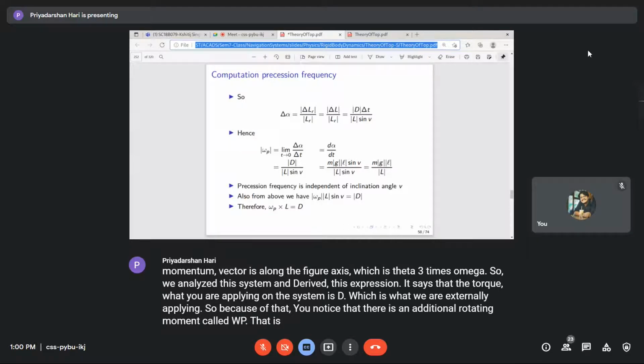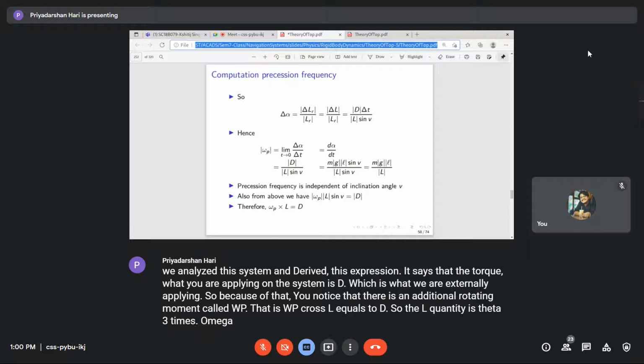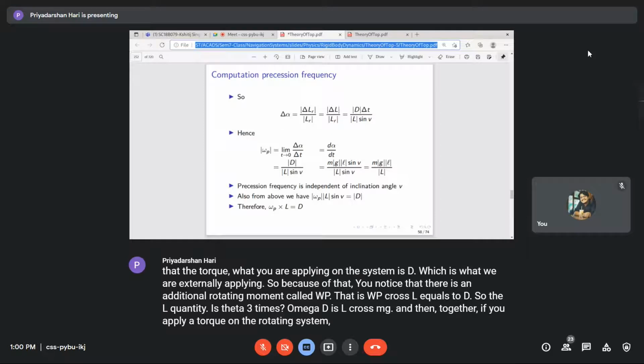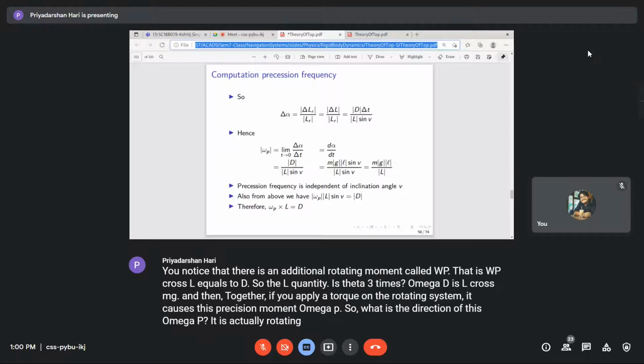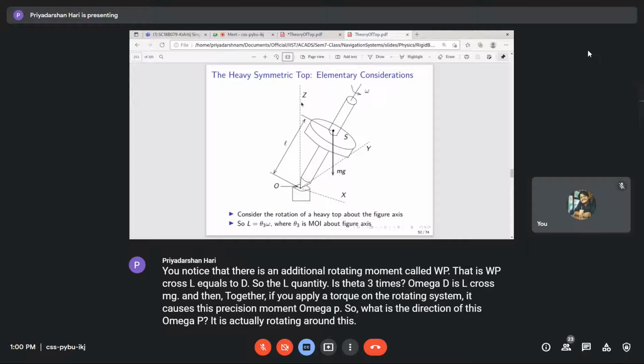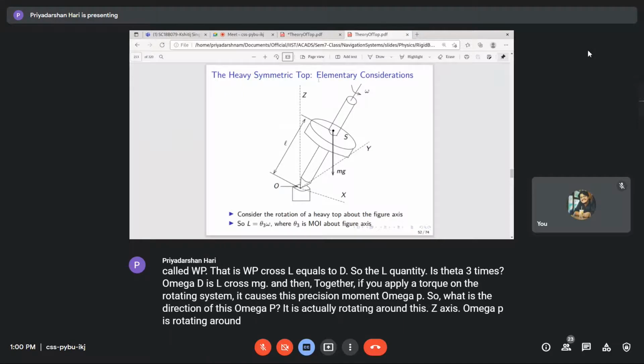That is omega p cross L equals D. The L quantity is theta 3 times omega, D is L cross mg, and together, if you apply a torque on the rotating system, it causes this precession omega p. So what is the direction of this omega p? It is actually rotating around the z axis. Omega p is rotating around the z axis. Is that clear? Yes, sir.